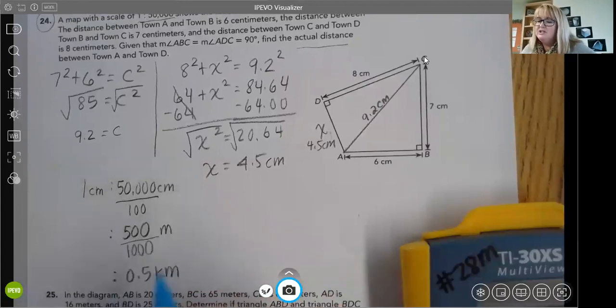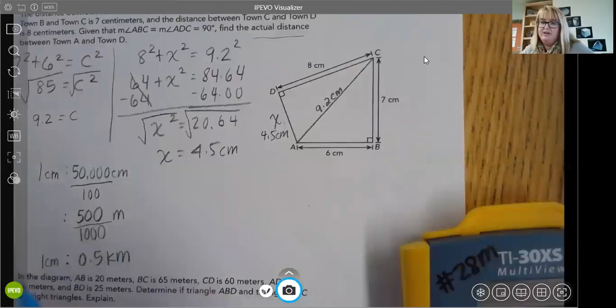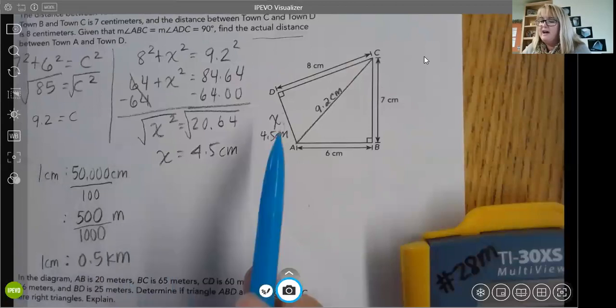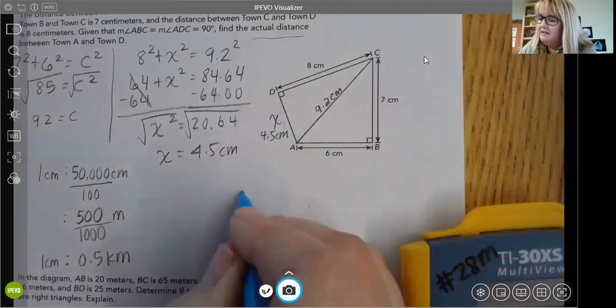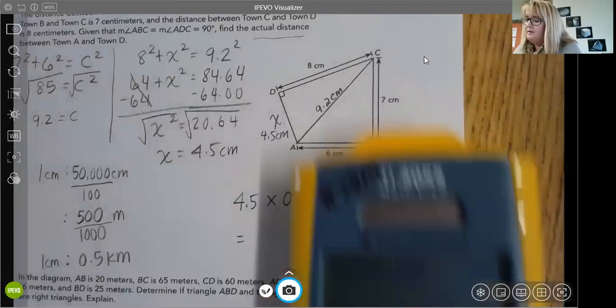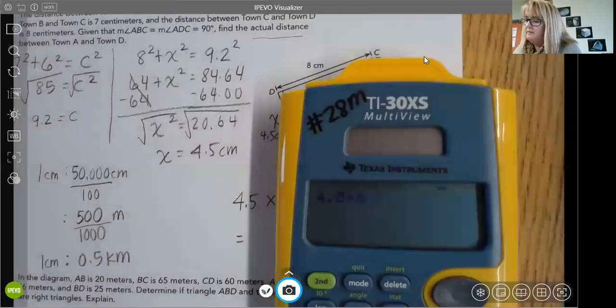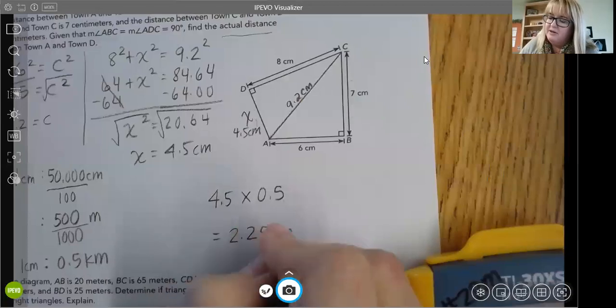So each centimeter, 1 centimeter, is half a kilometer. So if I multiply 4.5 times half, that will tell me how many kilometers. So 4.5 times 0.5 equals 2.25. So it is 2.25 kilometers.